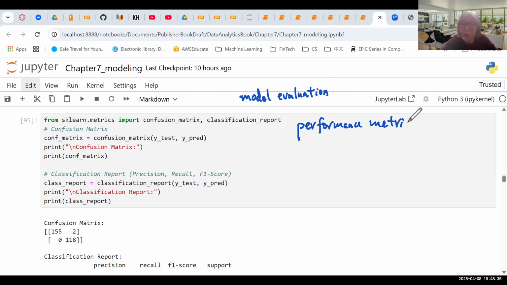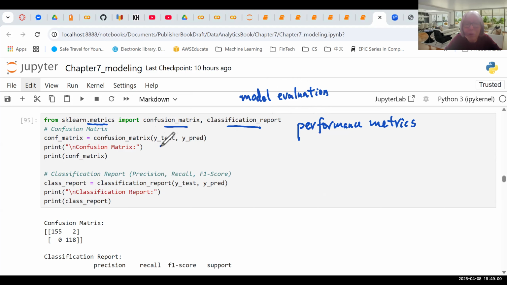Over here, scikit-learn directly gives you the metrics. You can use the confusion matrix and classification report to give you more idea about the model's evaluation. Later I'm going to explain these two concepts.